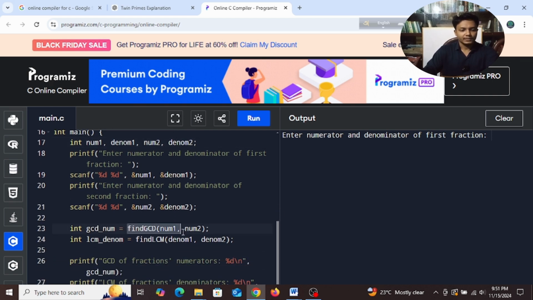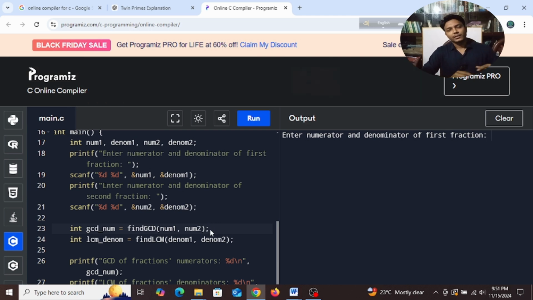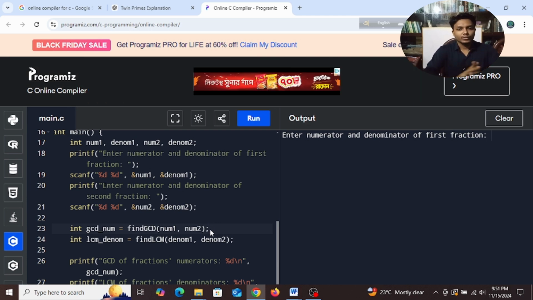So we'll have to find GCD, guys, and we need to decide for which numbers. We will find the GCD of both of the numerators, and we will find the LCM of the denominators.